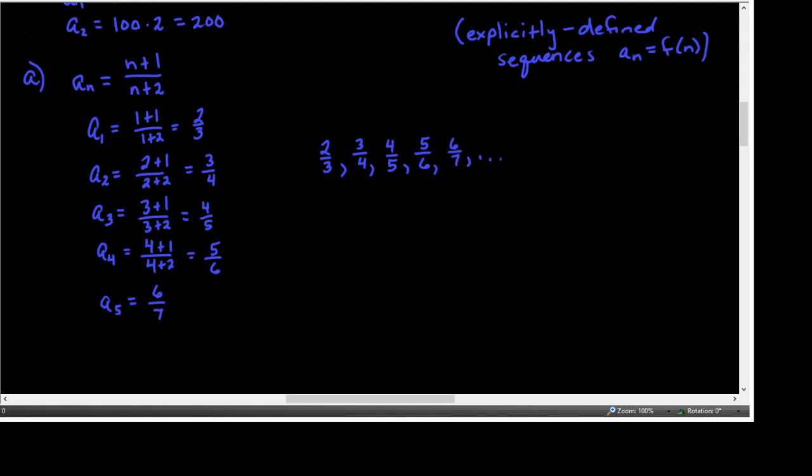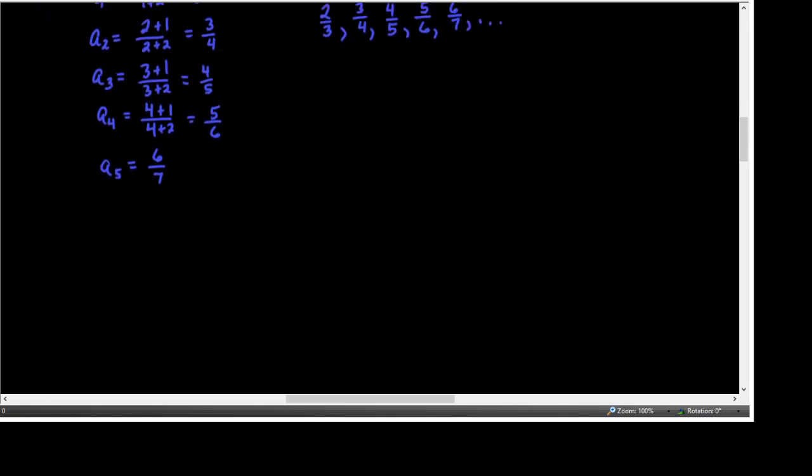That's a good skill to develop, because once you can detect patterns, you're going to be in good shape for being able to do all kinds of problems. Now, this textbook tends to like a sub n. It could have been b sub n or c sub n, but I'm going to stick with what they have written. But don't think that it has to be a sub n. It can be any of those first 3 letters, which are the typical ones that you see the most anyway.